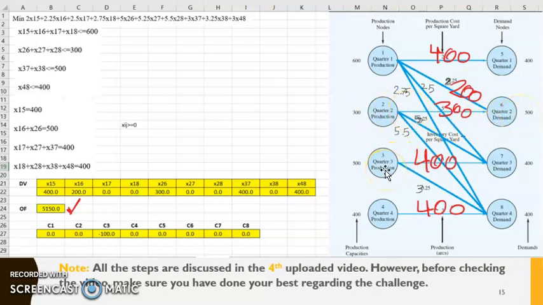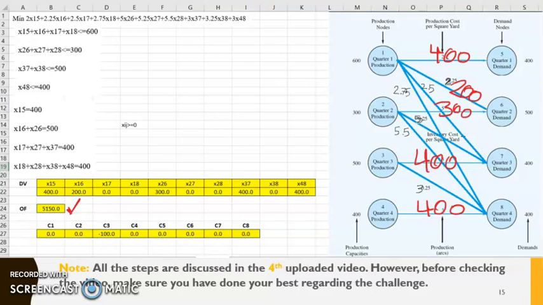In quarter 3, 400 out of 500 capacity to satisfy this 400, and since the prices in quarter 3 and quarter 4 are the same, there is no need to manufacture in quarter 3 for quarter 4 because they have enough capacity and the price is the same.